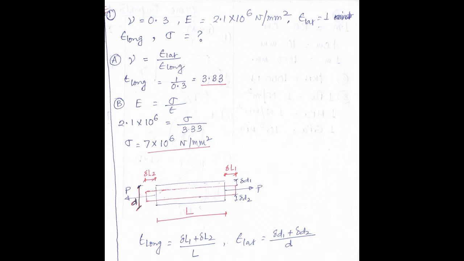The second part: modulus of elasticity is equal to stress by strain. Here E is given as 2.1 into 10 raised to 6. If you put the value of E, you can find the stress, sigma. So sigma is 7 into 10 raised to 6 Newton per millimeter square.